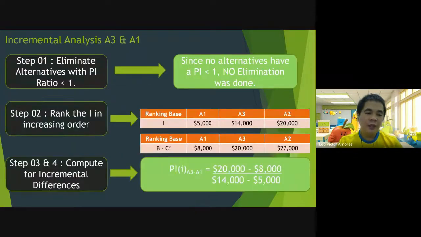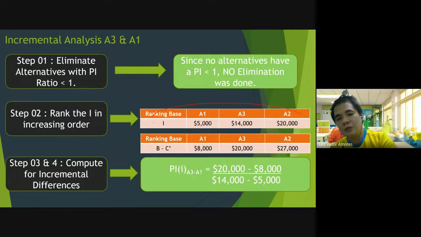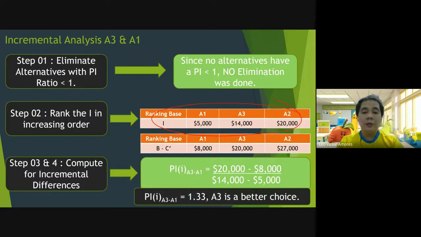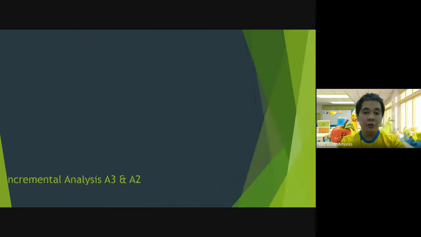So, see, still, the solution is to arrange your denominator in an increasing manner. So, that refers to your investment. A1, A3, and A2. So, the incremental cost for A1, A3 minus A1 is 1.33. Therefore, A3 is a better choice.